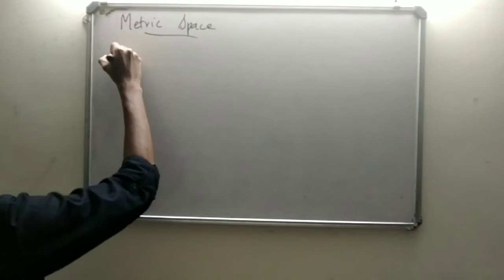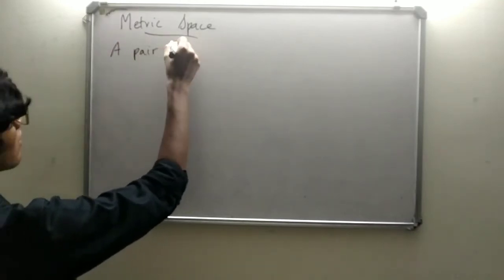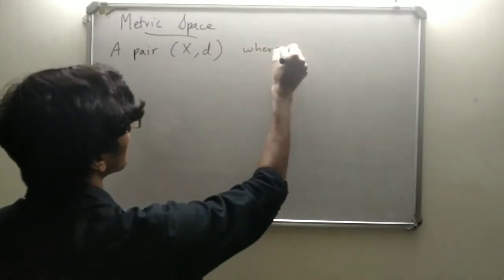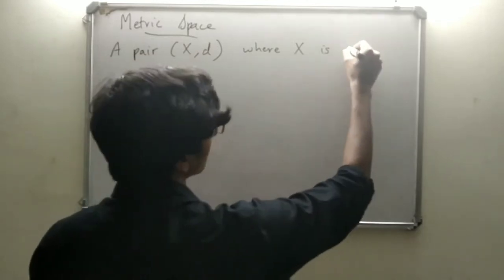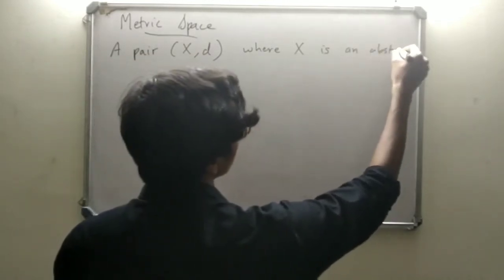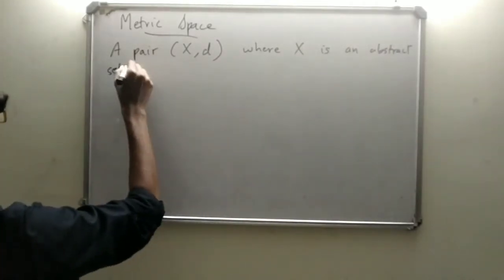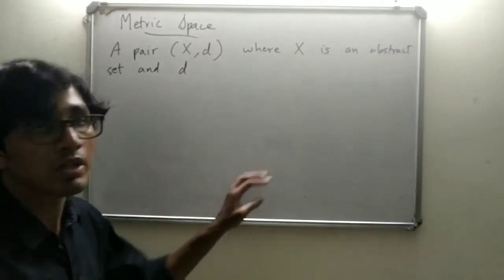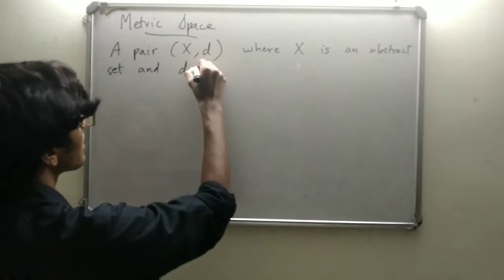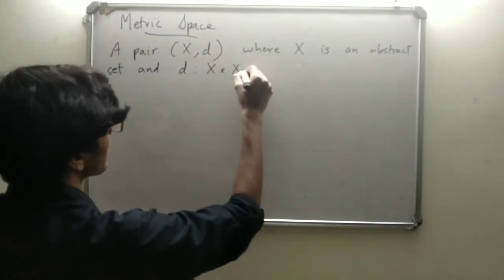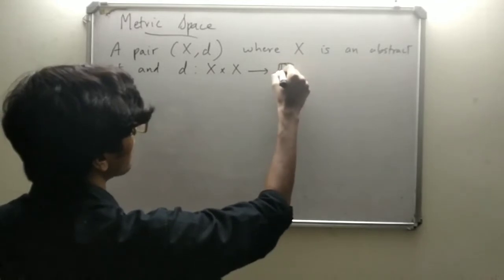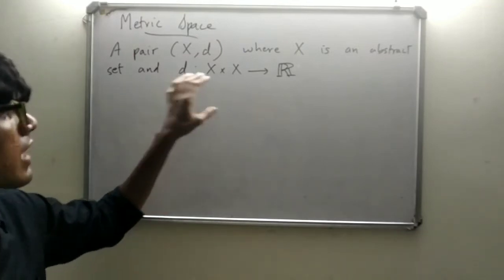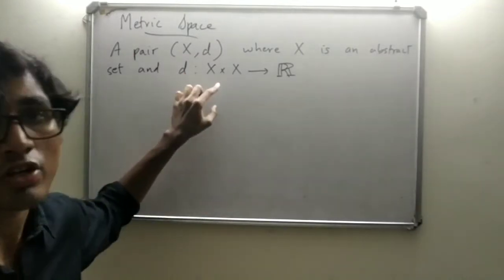A metric space is a pair X comma D where X is an abstract set or a space, and D is a function which is defined from X cross X to R. D is a function defined from X cross X to the real line, that is the distance. The function D is a real valued function which is defined on the set X cross X, right?